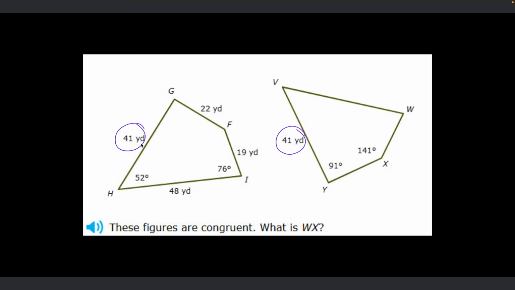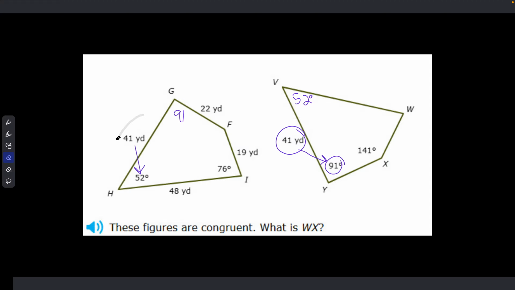In this drawing, the 41 is attached to a 52-degree corner, and in the second drawing, the 41 is attached to a 91-degree corner. So I know that this corner here has to be 91. I get that because of the second drawing. And I know that in the second drawing, this has to be 52 degrees. I get that from the first drawing.